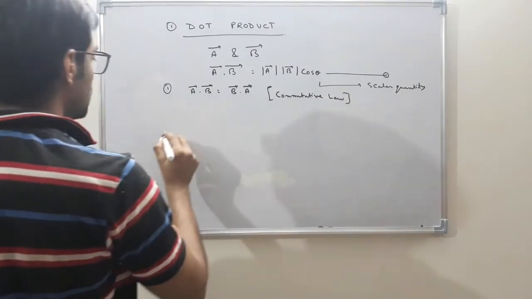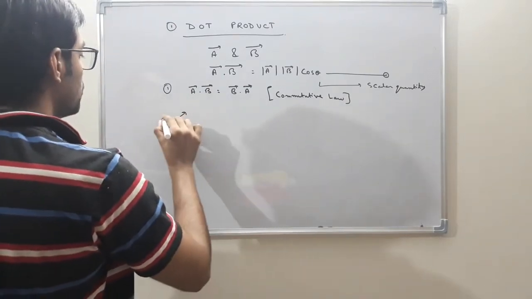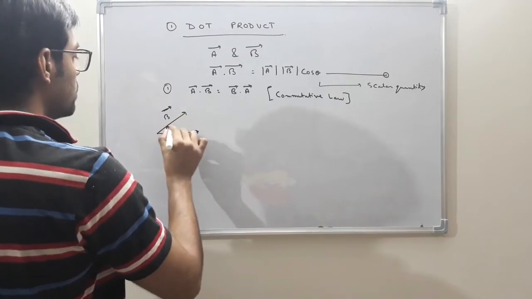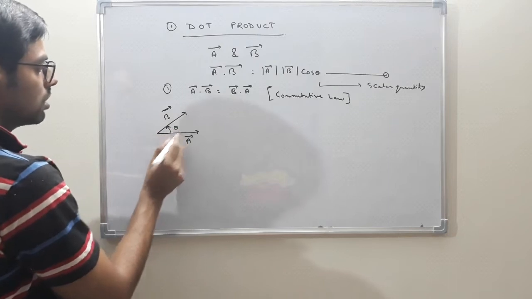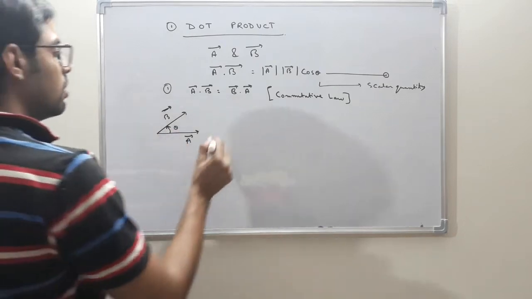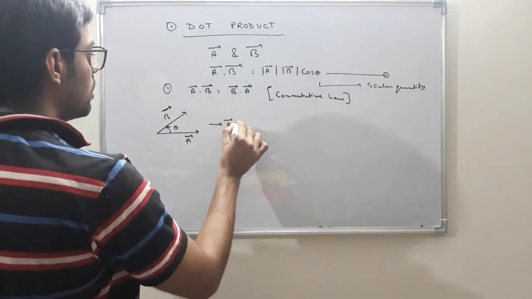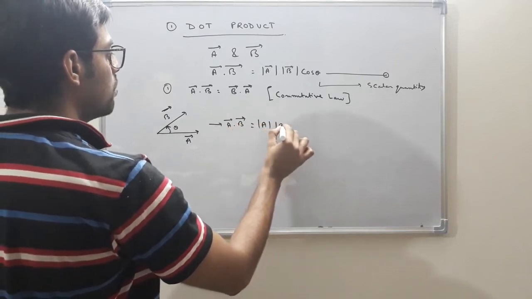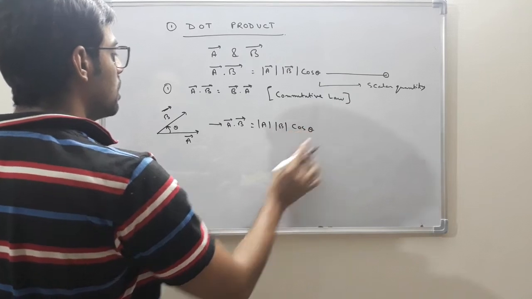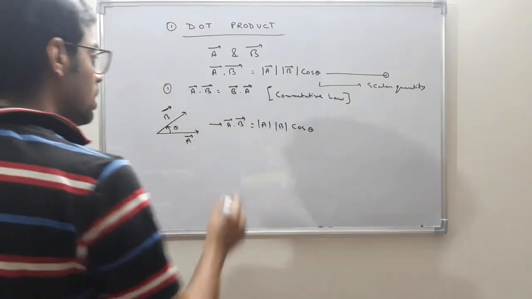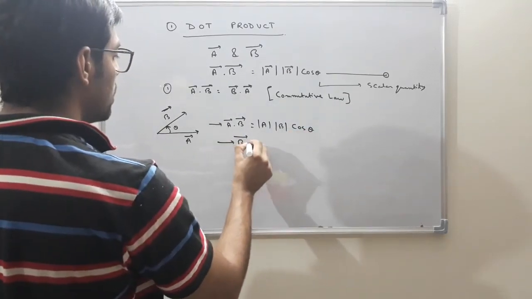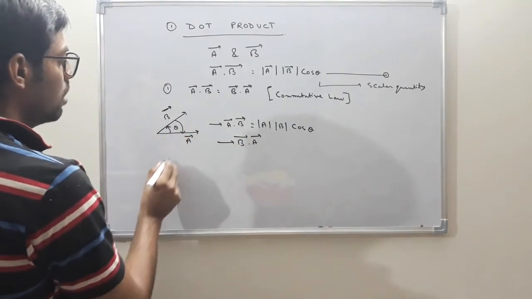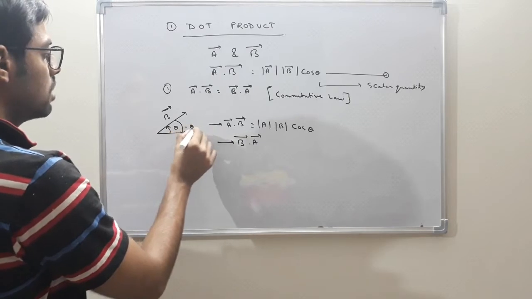How? Suppose we have two vectors, B vector and A vector. Now B vector makes angle theta in the anticlockwise sense with A vector, and then we get the dot product A dot B equals mod A mod B cos theta. Now I am trying to find B dot A. For B dot A, you have to choose the angle that A vector makes with B vector, and it is minus theta.